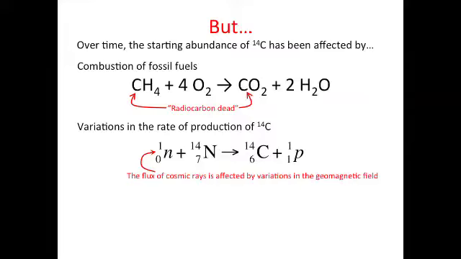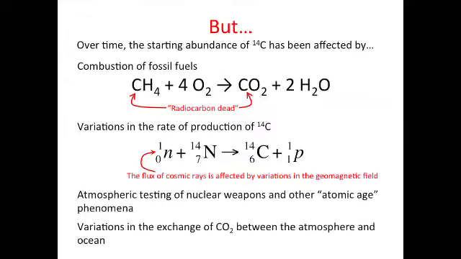The neutron that creates carbon-14, according to the reaction shown here, is a secondary product from cosmic rays that do have charge and are steered by the geomagnetic field. We've also, of course, polluted the atmosphere with carbon-14 that has been created by atmospheric testing of nuclear weapons.